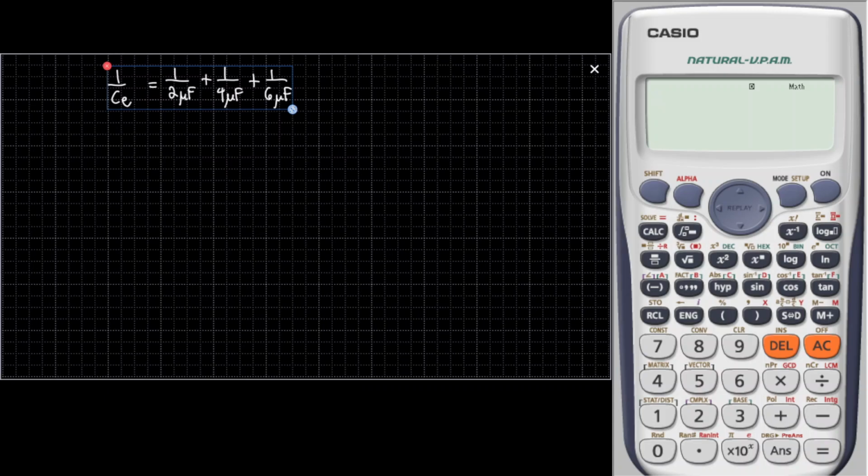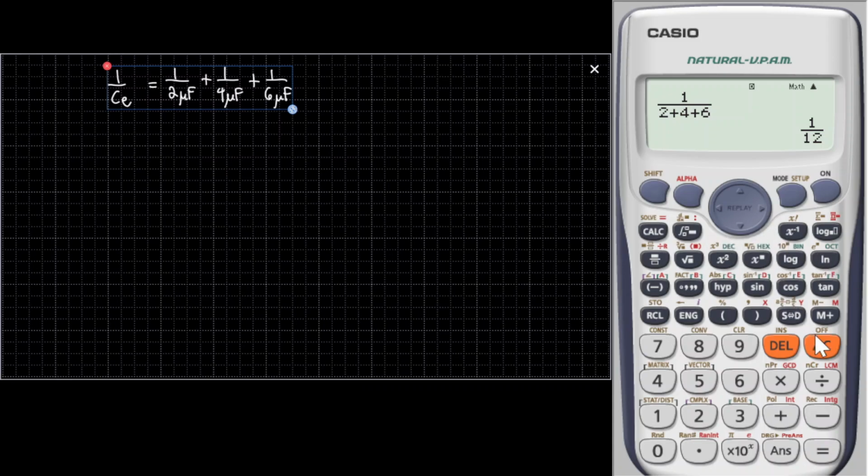So when you plug this in your calculator, you just need to add 1 over 2 plus 4 plus 6, and you will get 1 over 12. Is that the right thing to do? Of course not.